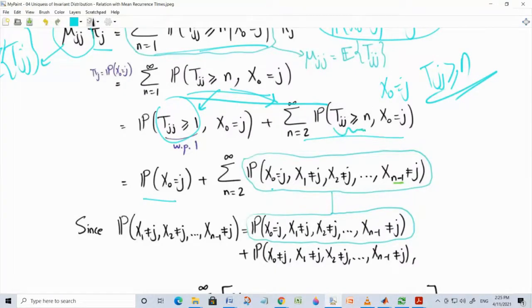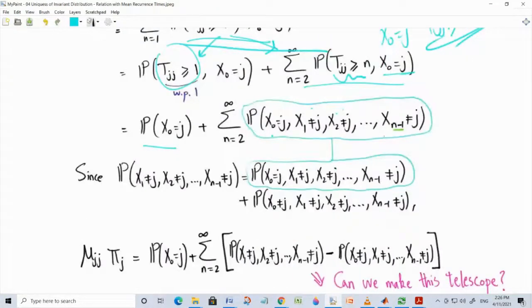Since you revisit j after n steps or more, it must be the case that x1 is not j, x2 is not j, x3 is not j, up to x n minus 1, which also should not be equal to j. So this event, that you start in j and then you don't revisit j except at time instant n or more, means that for time instants from 1 to n minus 1, you are not in j.